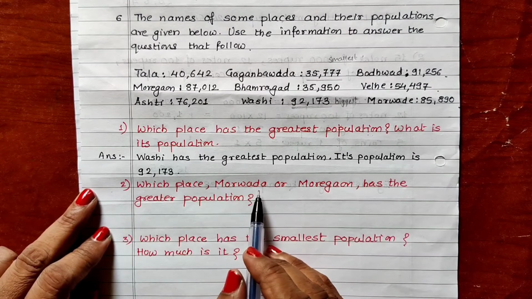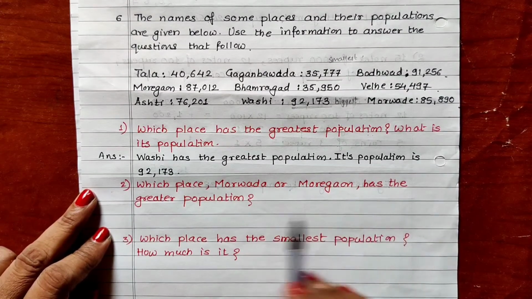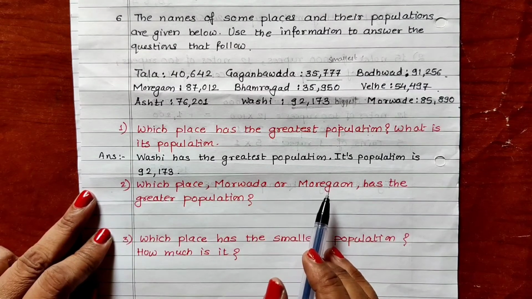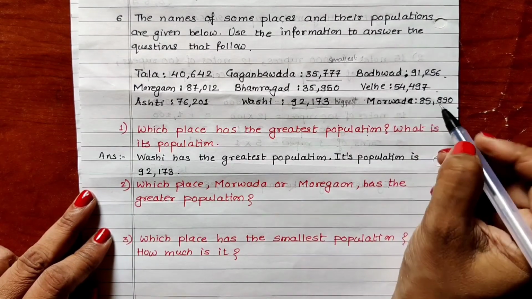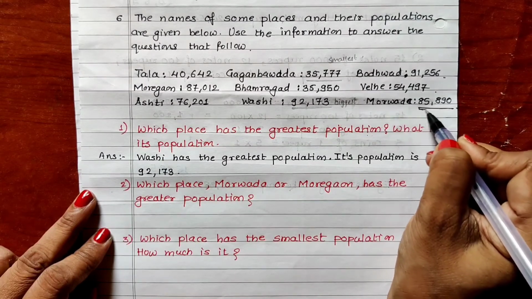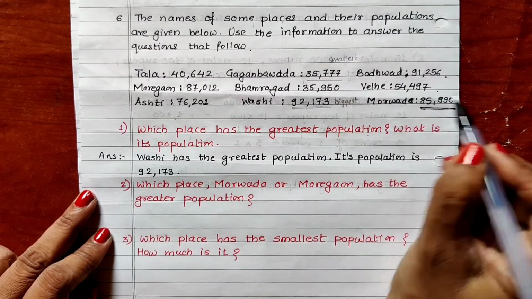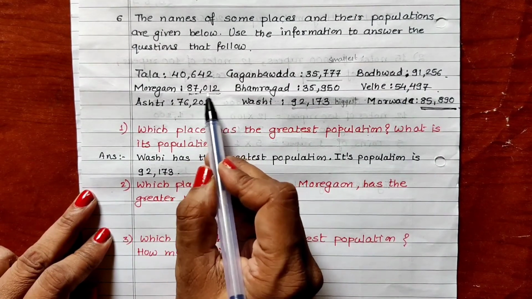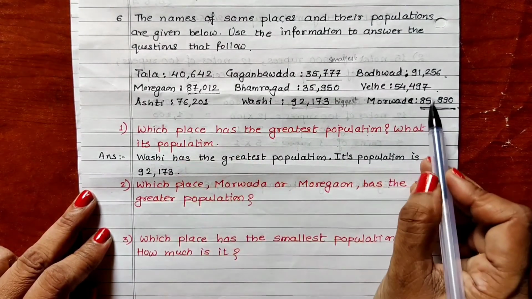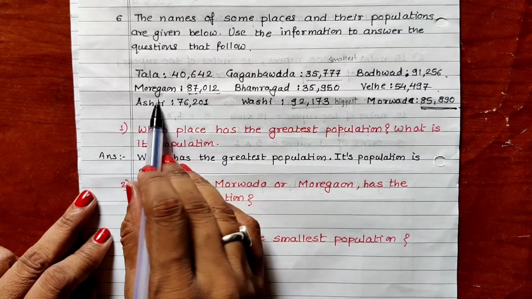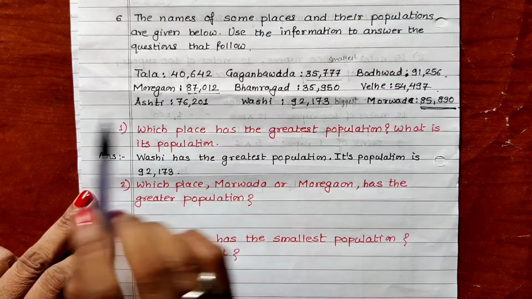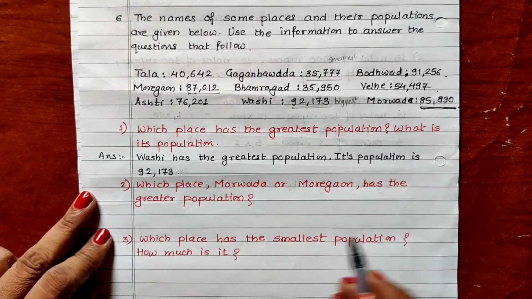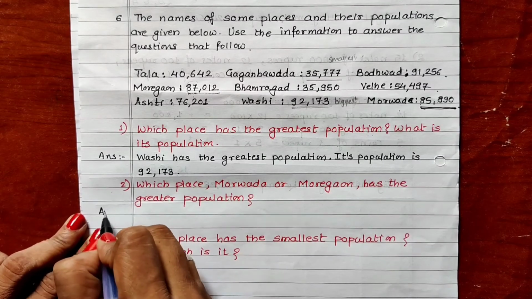Okay, now let us go on to the next question. Which place, Morwada or Moregaon, has the greater population? So we have to check the population of Morwada as well as Moregaon. Morwada's population is 85,890 and Moregaon's population is 87,012. 87 is bigger than 85. So Moregaon has greater population than Morwada.